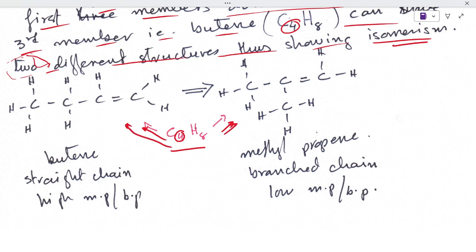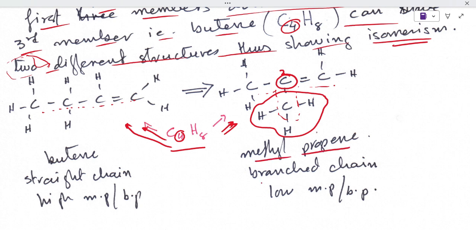First, it can be in a straight chain, and secondly, it can show a branched chain where I have picked up one methyl group and placed it under number 2 carbon. So this becomes methylpropene.